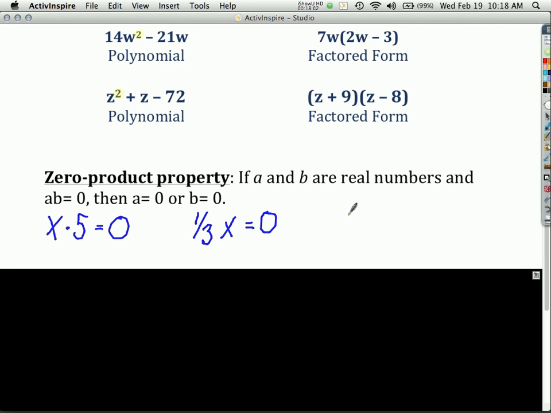Now if I wrote x times z equals 0, well, we don't know what x is and we don't know what z is, but we do know that, Catalina, at least one of them has to be a 0. Okay? So this is the property that allows us to use something like this and actually solve an equation. And you're going to see this in practice in a little while.